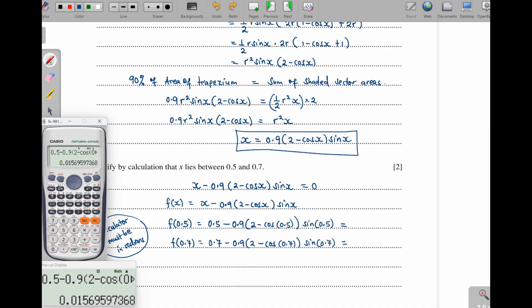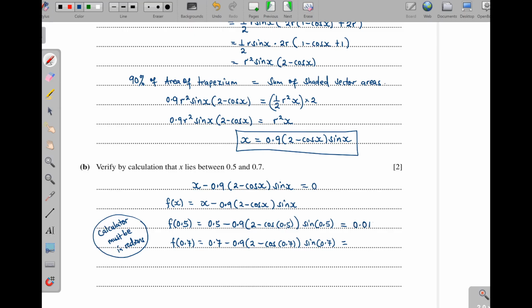That is 0.0156, and the rest of those figures.